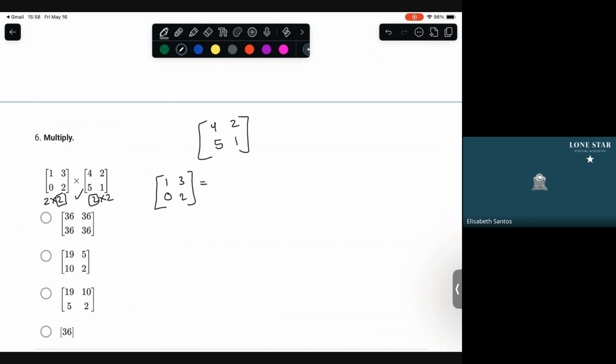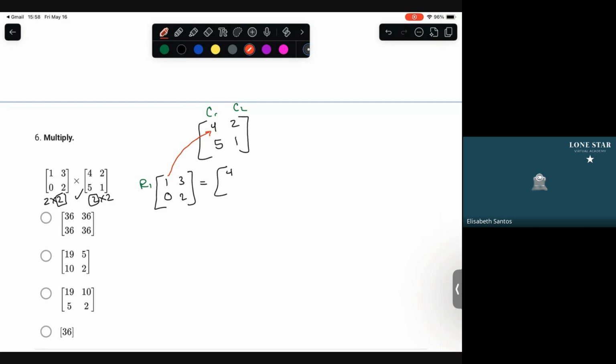Okay. And so what we're going to do first, we're going to focus on row one of the first matrix. And we're going to multiply it with column 1 and column 2. Okay, so we're going to take 1 and multiply by 4, which gives us a new matrix. That's going to give us 4.